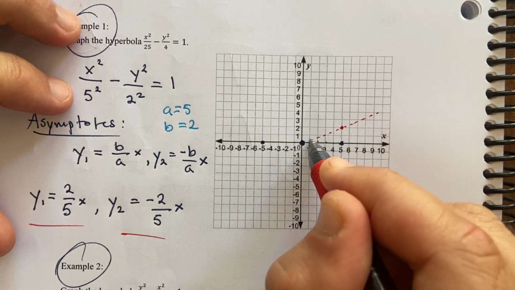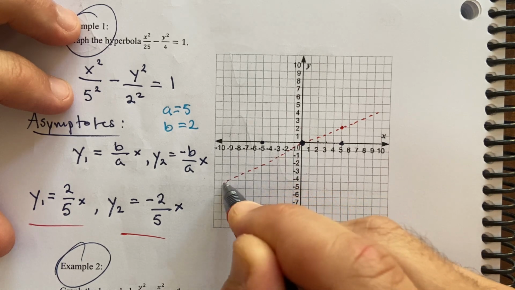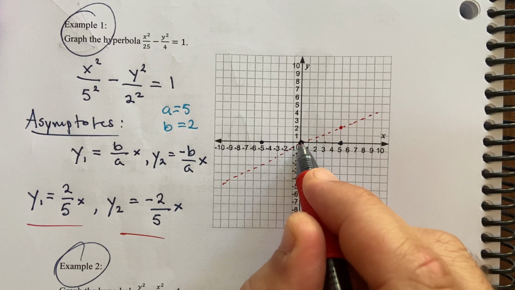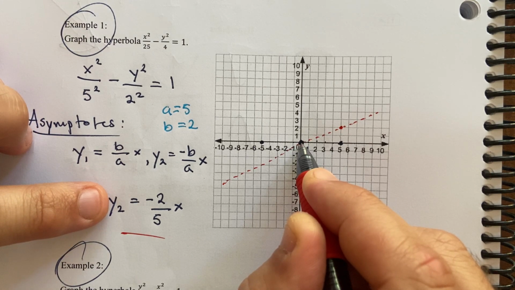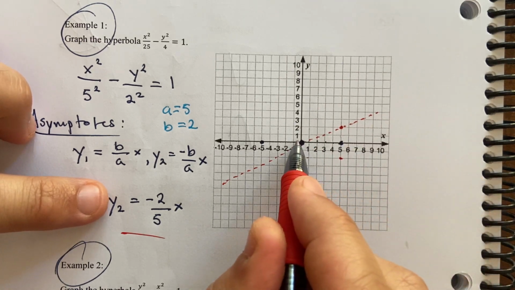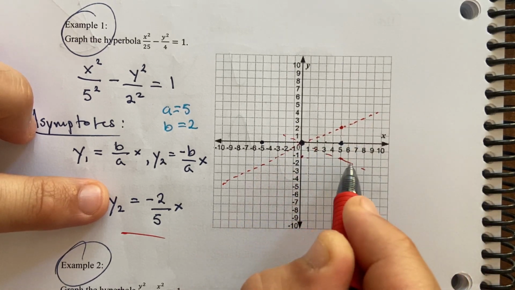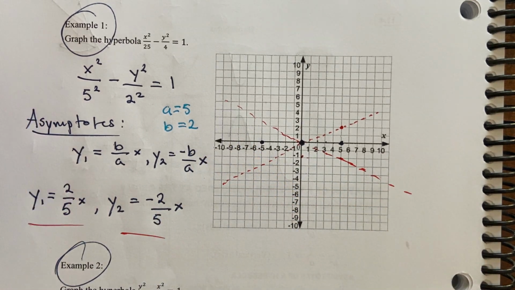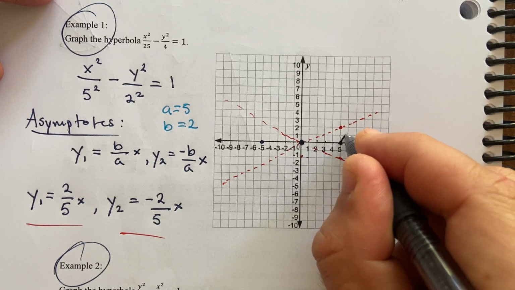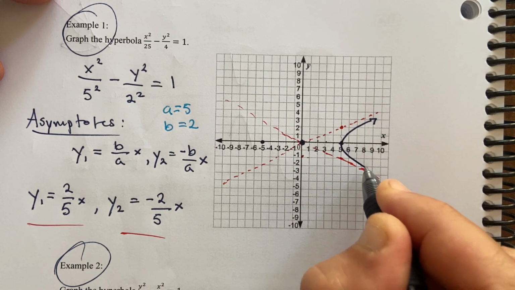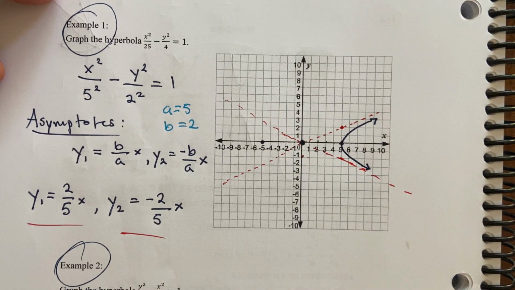This line will be that positively sloping asymptote. And then again, from this center, I use the other equation, and I'll go down 2 and over 5, and that will define the other asymptote. Okay, so that means that the hyperbola will tend towards those values in the extreme case.